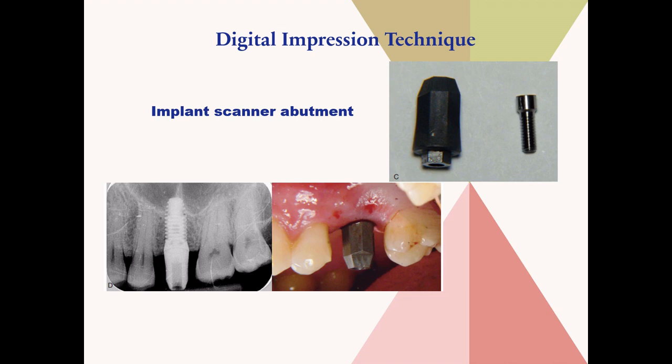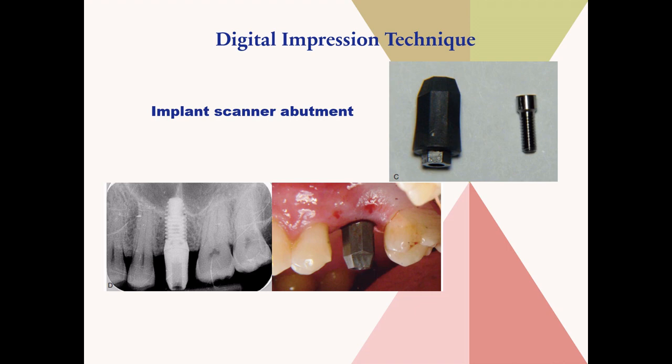So this implant scanning abutment transfers the intraoral 3D position of the implant within the virtual digital cast. And we can provide the information to the dental laboratory regarding the implant platform diameter, position of the implant and also the desired emergence profile. And here we are not using any implant analog like that we used in the traditional technique.